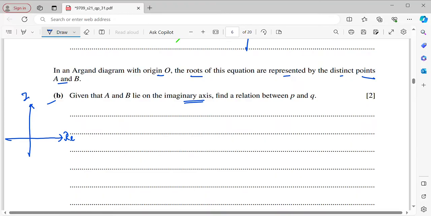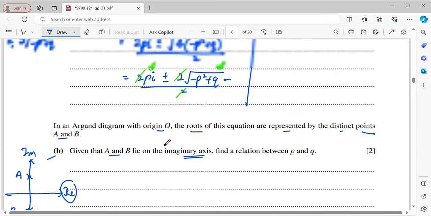This is the imaginary axis. Since both A and B lie on the imaginary axis, probably here A, this is B. We are not sure of the exact points, but these are the points A and B on the imaginary axis, which means there's no real part. Okay, no real part.